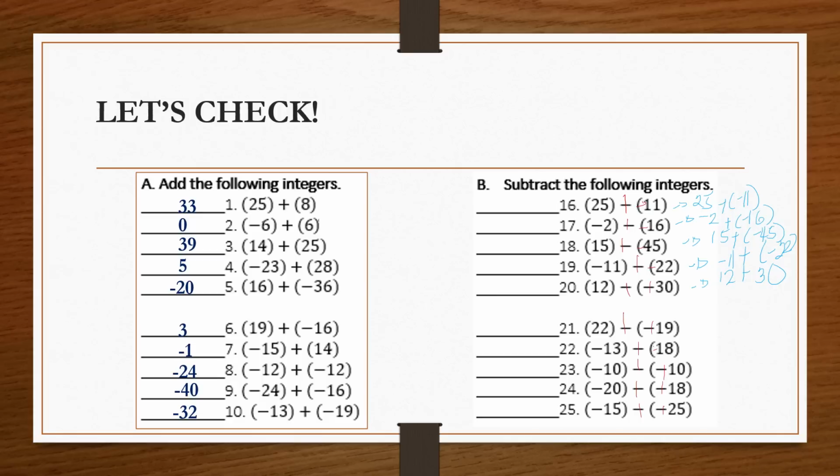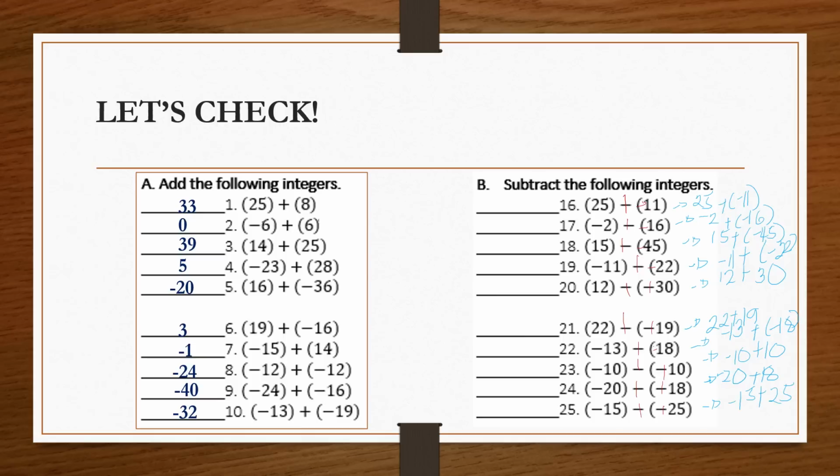Number 21, 22 plus 19. Number 22, we have negative 13 plus negative 18. Number 23, we have negative 10 plus 10. Number 24, we have negative 20 plus 18. And 25, we have negative 15 plus 25.